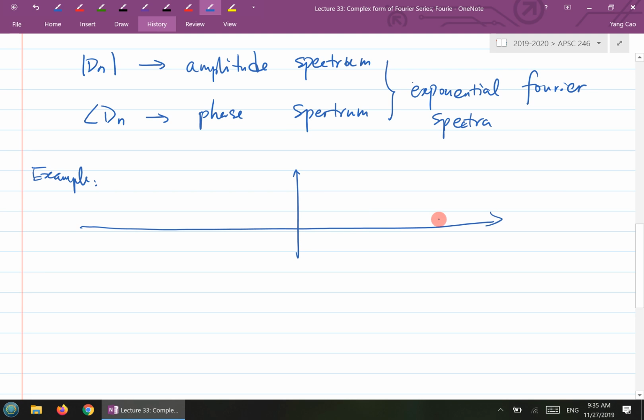Okay, let's say we have a periodic function, which is a rectangular box here. Let's say this is f of t.